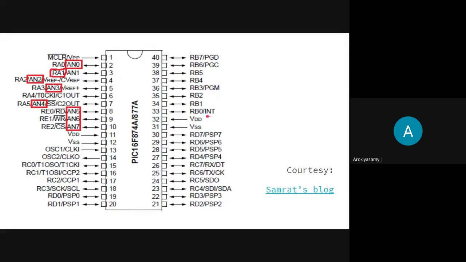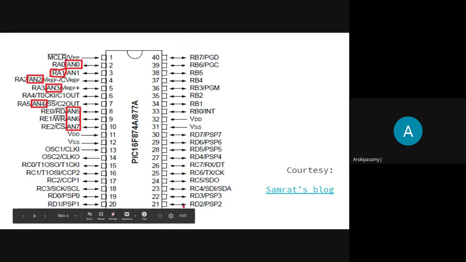You can give the external interrupt here. So this pin alone is multiplexed. RB1, RB2, RB3, RB4 are the other port bits, 8 bits of port B.